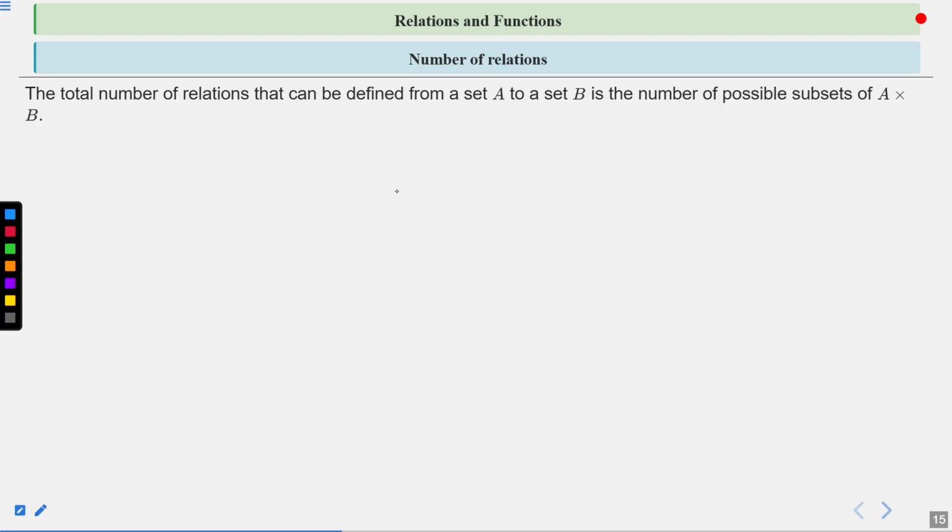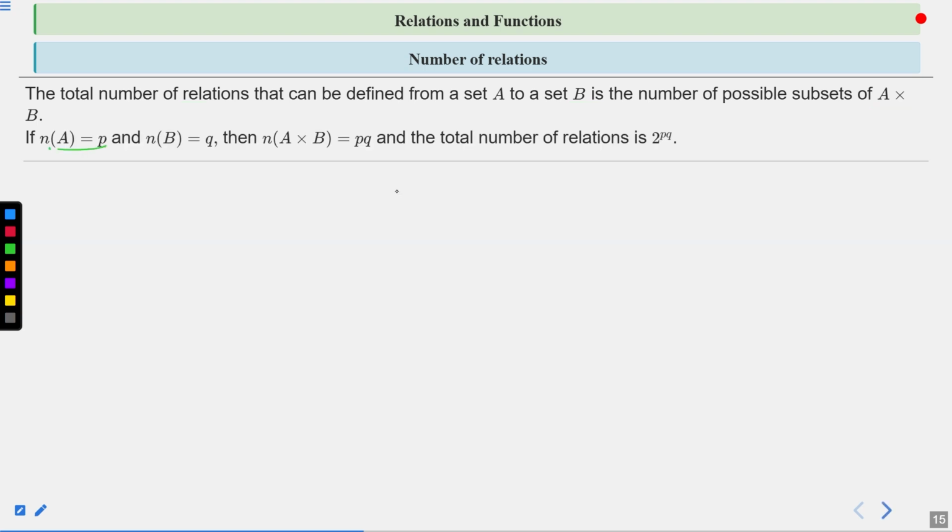Now, the total number of relations. How are you going to find the total number of relations? Very simple. From a set A to a set B, the number of possible subsets of A cross B will be your total number of relations. Simple.